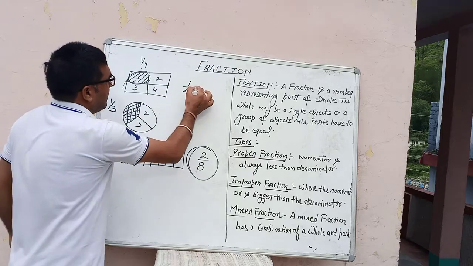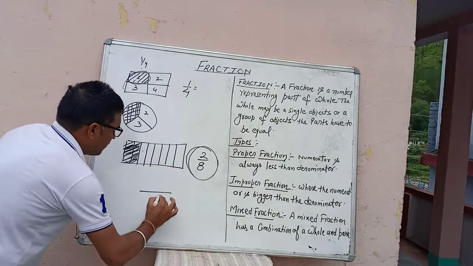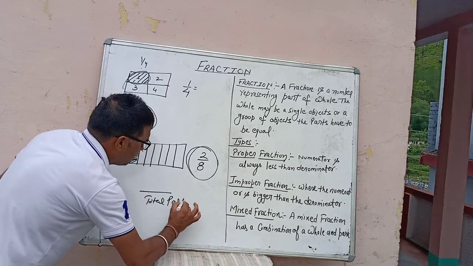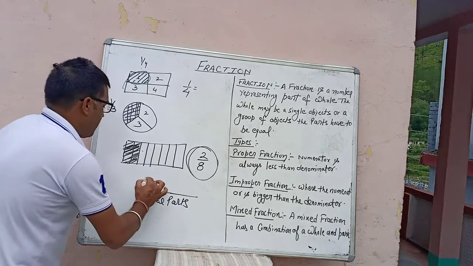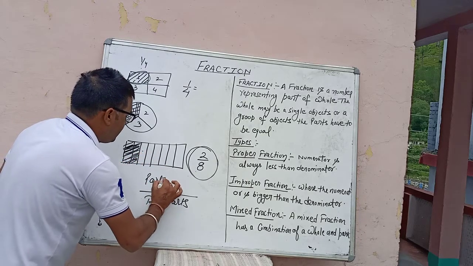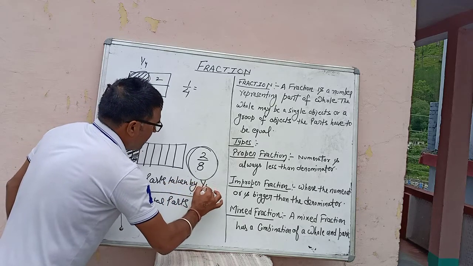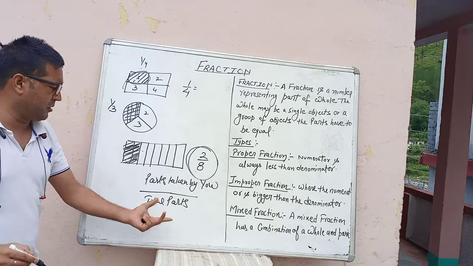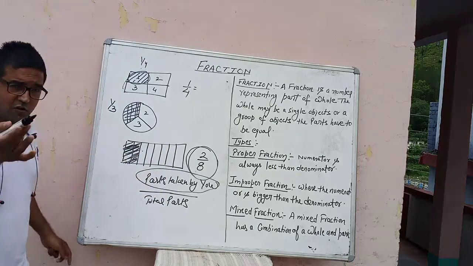When you want to write a fraction, in the denominator you have the total parts, and in the numerator the parts taken by you.